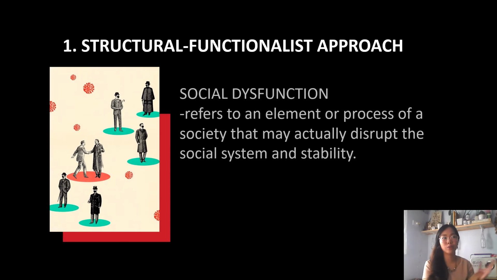So if we are going to use the example that we had a while ago, an educational institution, a dysfunction would be if, for example, there would be a school bombing, or for example, if there would be hazings or somebody would die because of hazing, that in itself is a dysfunction. It disrupts the very purpose or function of that institution.